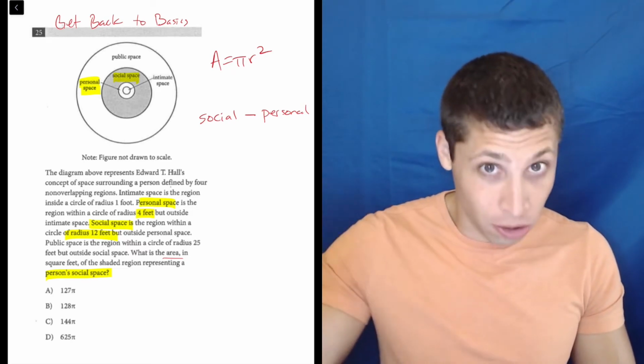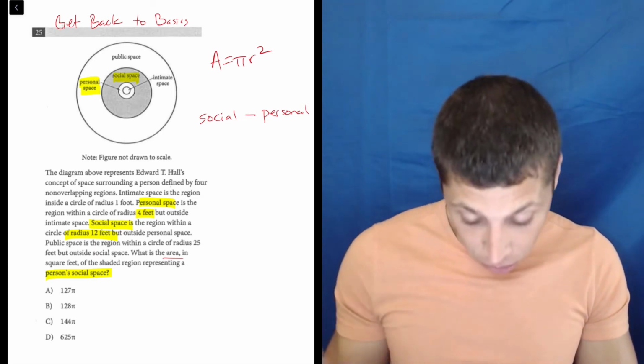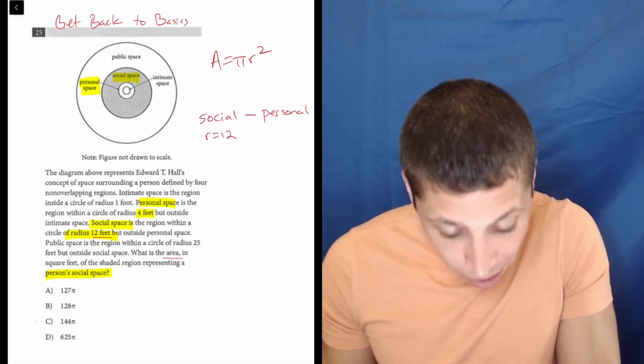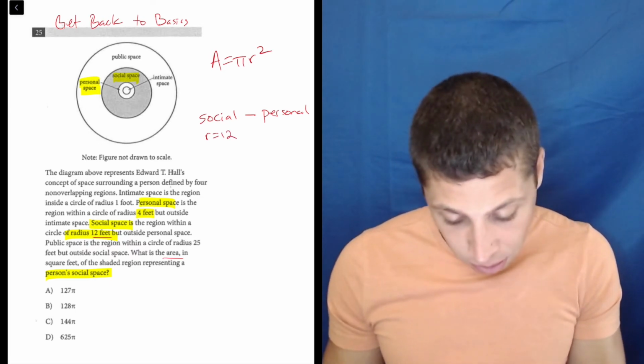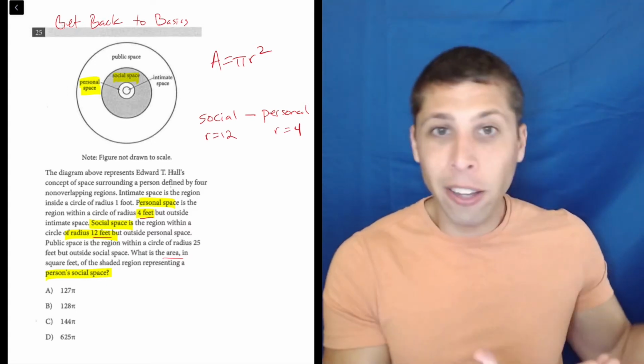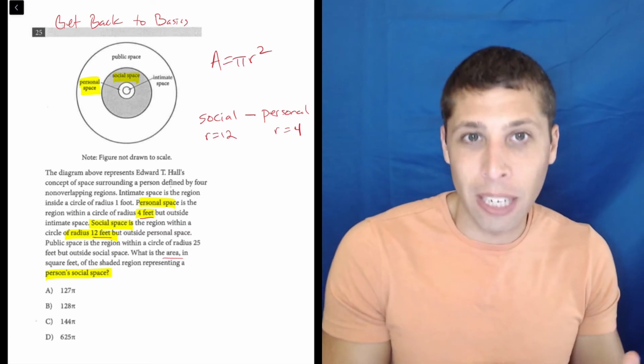So if I want the social space, what's the radius of the social space? Well, it says it's a radius of 12 feet, so r equals 12. And then the personal space has a radius of 4 feet, so r equals 4. Again, take it out of the question where there's 10 lines of text and put it somewhere easy to read.